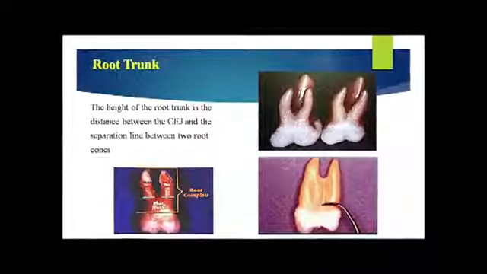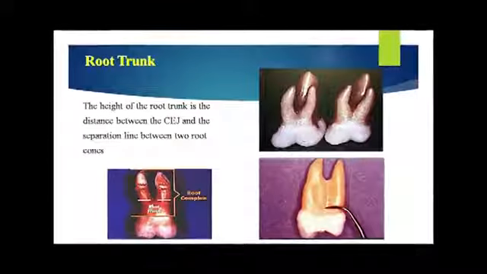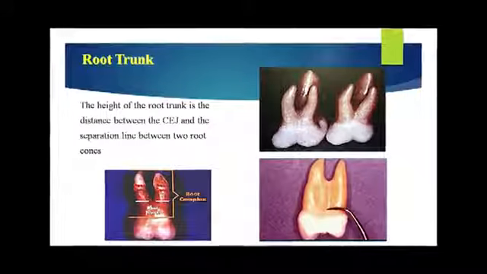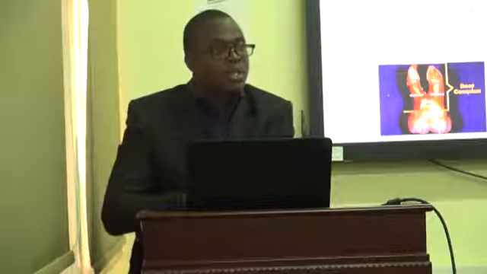So by the time this furcation is exposed, you've really had a lot of destruction around that tooth. So the prognosis of such a tooth would be really poor as compared to this one, which has a root trunk of about 1/3 compared to the height of the cones.